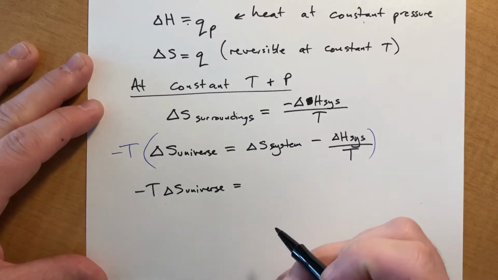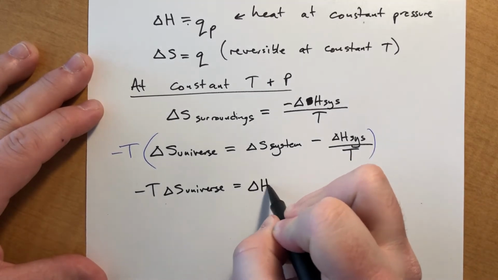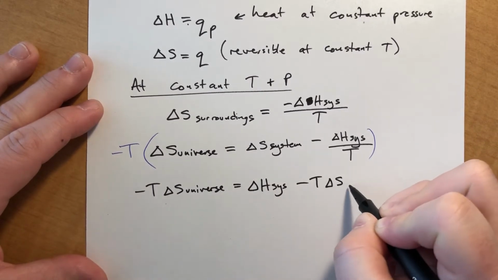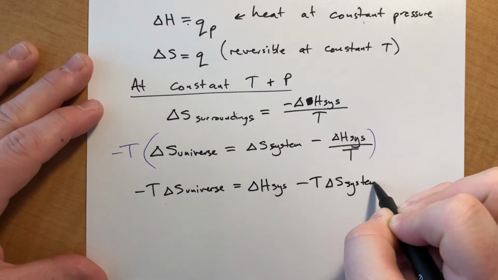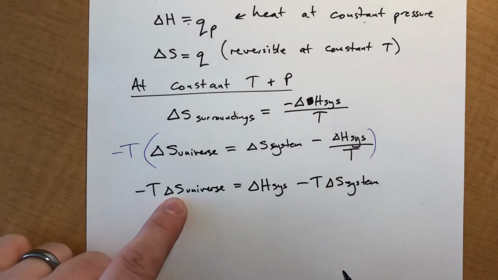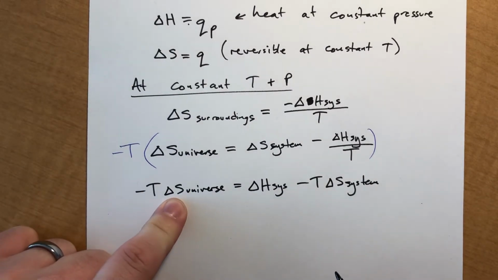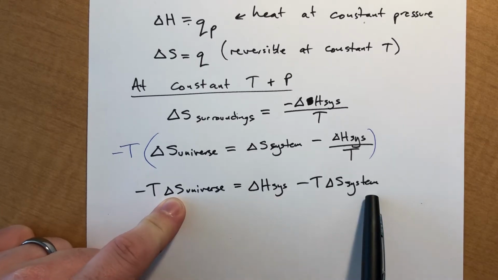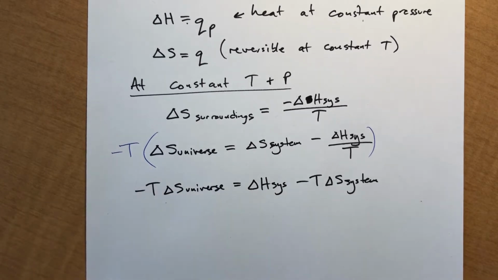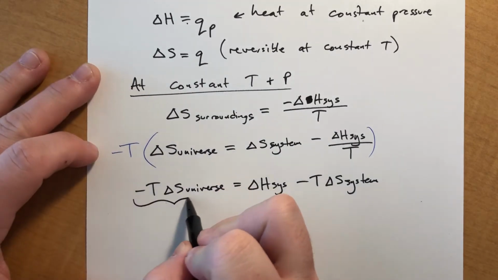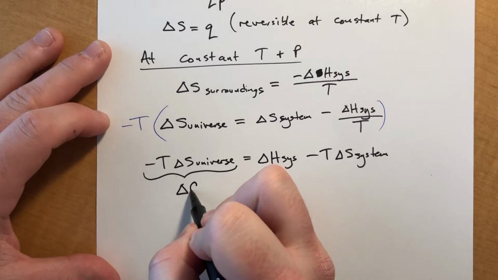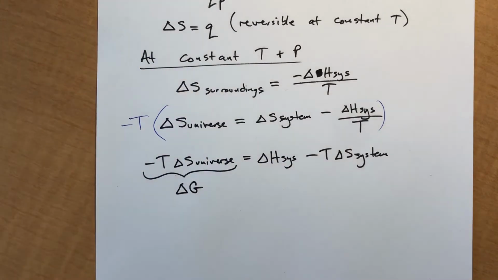This will become positive, so I'm just going to write that one first. Delta H of the system minus T delta S of the system. So the entire delta S of the universe can be measured in terms of things that we can measure in the system. And it turns out that negative T delta S of the universe is how we define delta G.